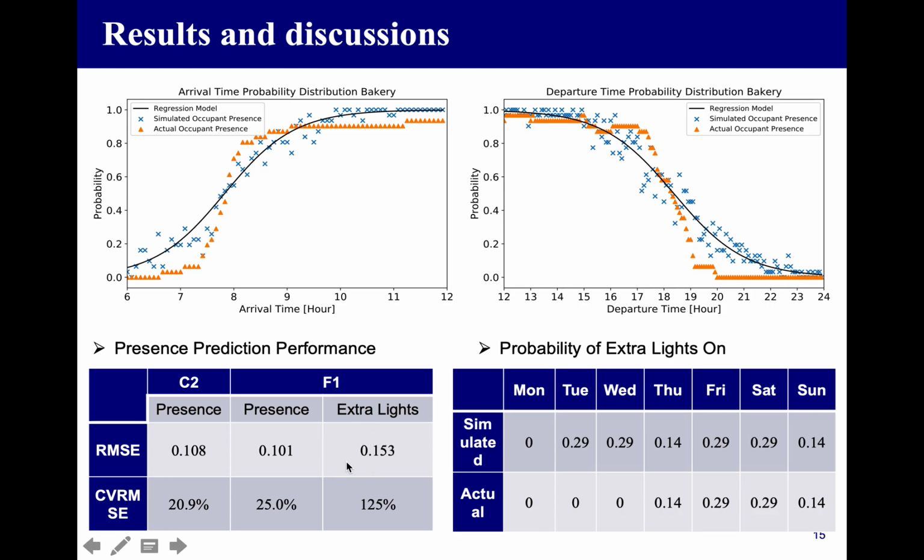Because we see that the prediction for extra lights is pretty off. This is because of the imbalanced training data sets. And for probability of extra lights on, we see that the numbers for other days are aligned with each other, but the probability for Tuesday and Wednesday are pretty off.